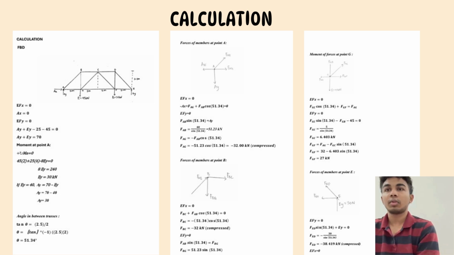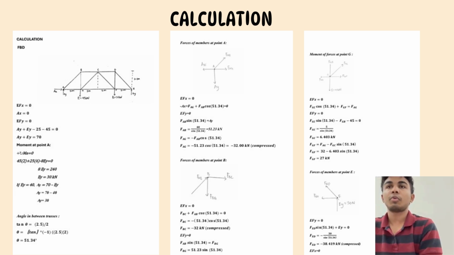Then I went to point B by using the same method, and as you can see in the free body diagram, it has 3 forces acting at point B. So I did the same calculation method, which is sigma Fx equals 0. By using that, I get FBC equals negative 32 kilonewton, and sigma Fy equals 0, where I get the answer for FBG.